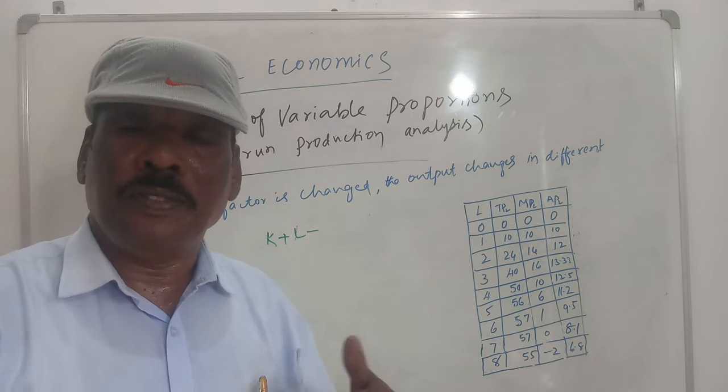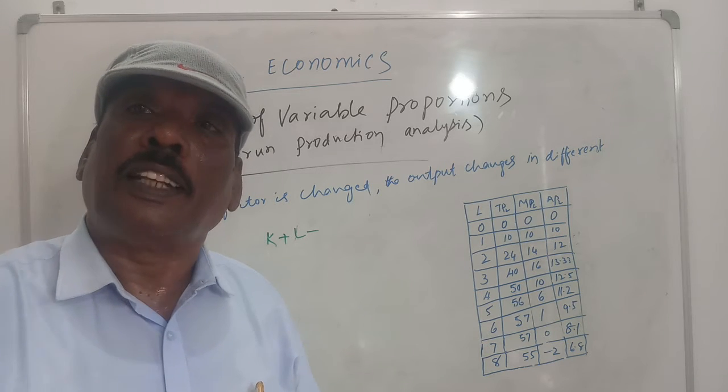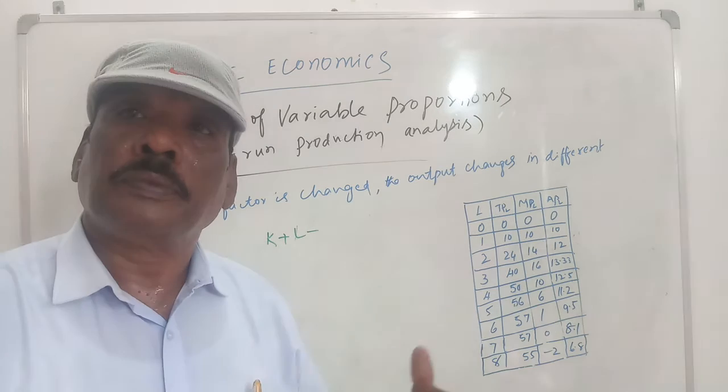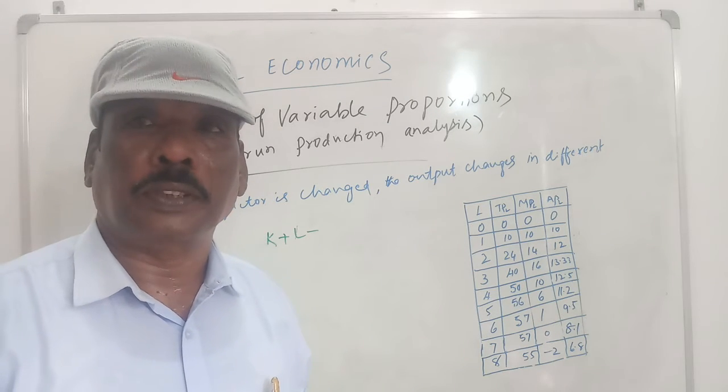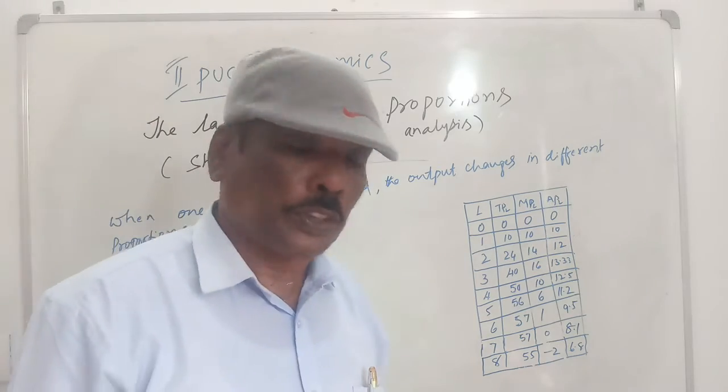A change in one factor results in different proportions of output, and this is called the law of variable proportions.